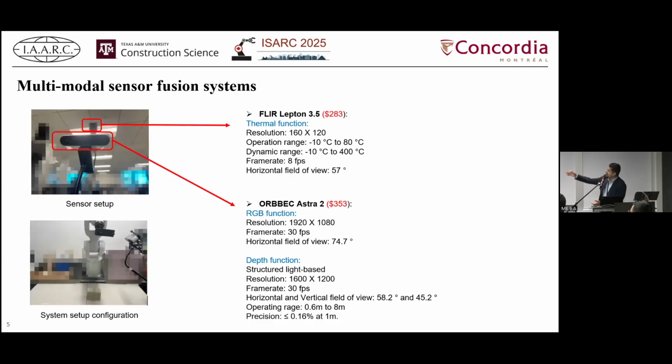What we did was we got a FLIR Lepton, a very cheap thermal camera, and a depth sensor camera that uses structured light and also has an RGB camera. We created our own small setup just to see if we can combine these data together.